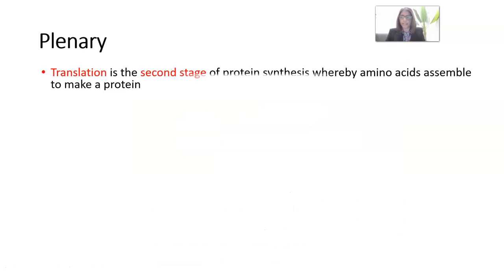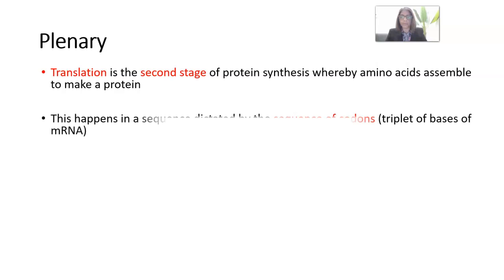Okay, so just a little summary of what we've learned in today's lesson. We know that translation is the second stage of protein synthesis, whereby amino acids assemble to make proteins. We know that this happens as a result of the DNA sequence, which was copied by mRNA.